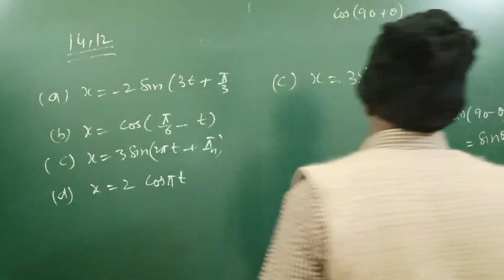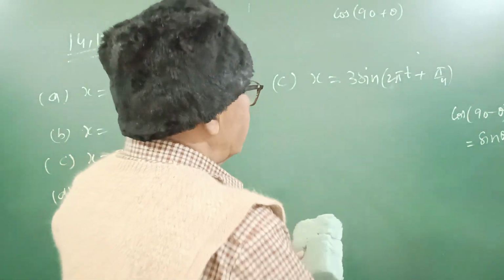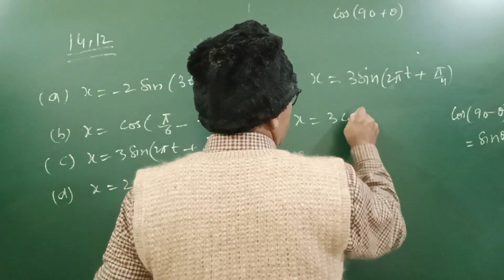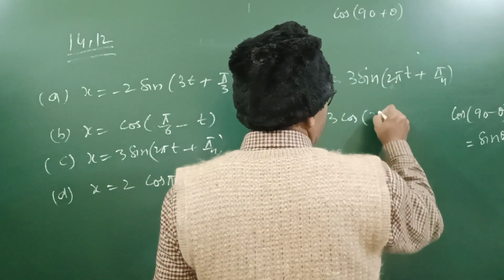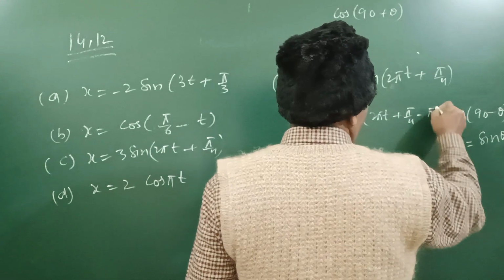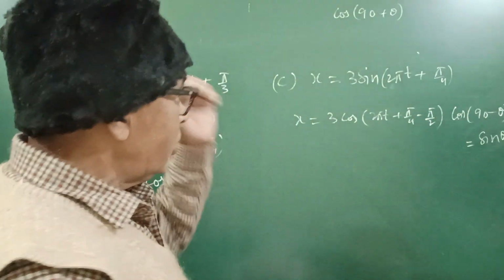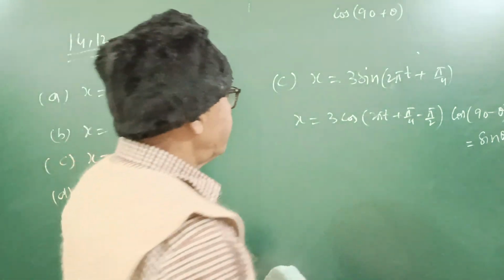So here we can write it as x equal to 3 cos 2 pi t plus pi by 4 minus pi by 2, because cos 90 minus theta or 90 plus theta is the same thing.